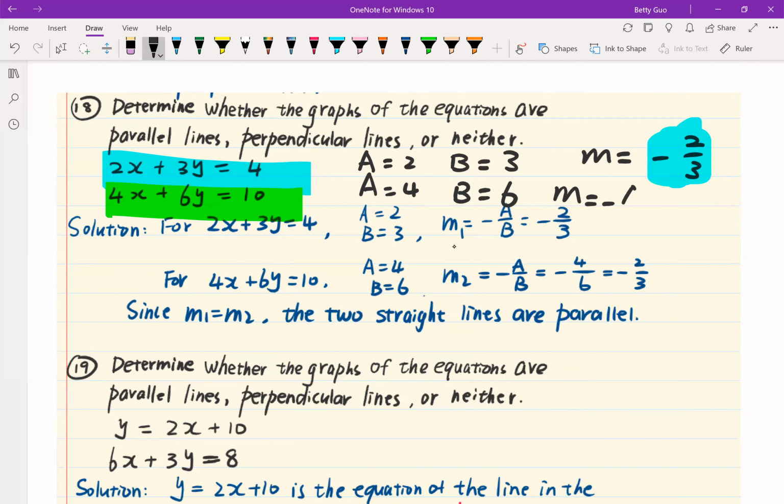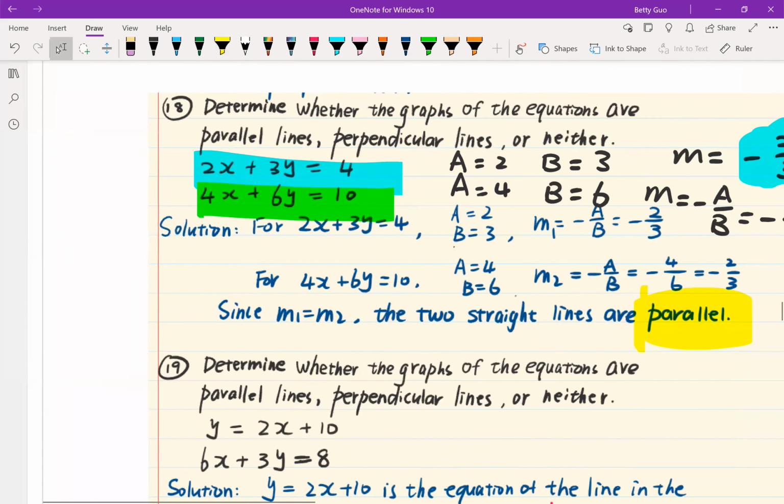Slope is negative A over B, so it's negative 4 over 6. Negative 4 over 6 could be reduced to negative 2 over 3. So the slope of the green equation is also negative 2 over 3. The two equations have the same slope, so they are parallel.